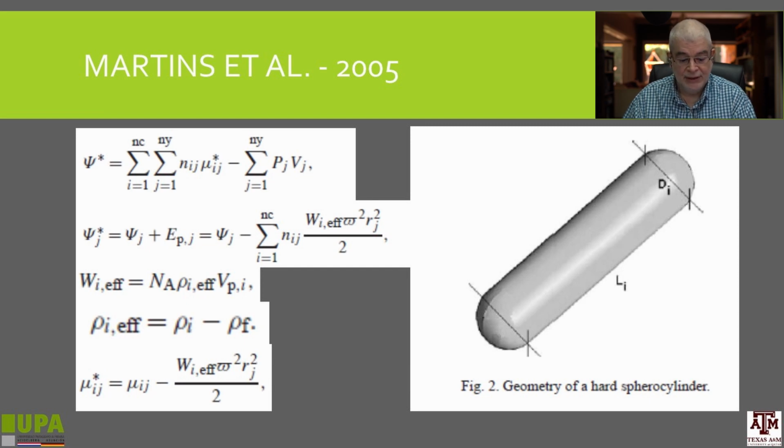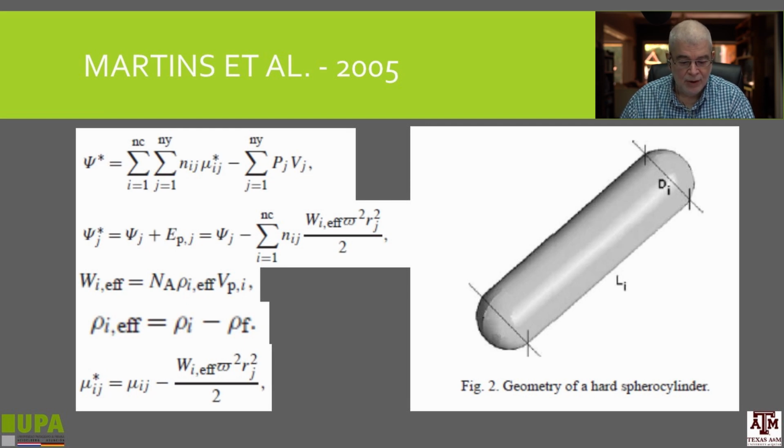And because of that, we had to use an effective mass for the particles, which was the mass of the particle minus the mass of the solvent that would be occupying the same volume, basically buoyancy.